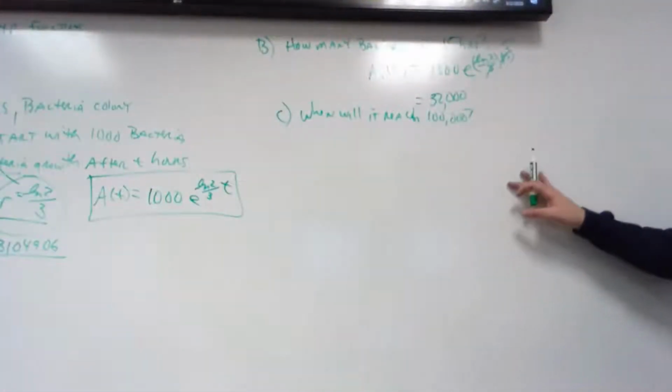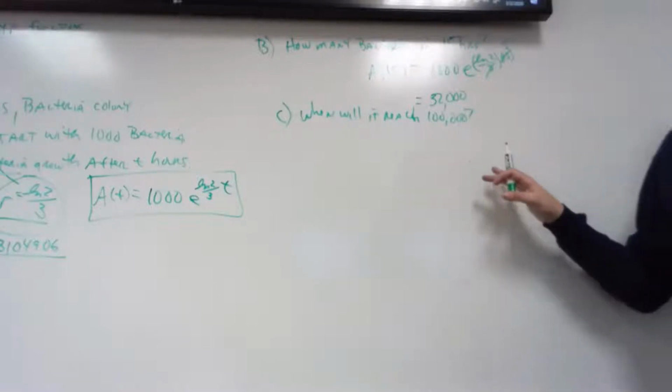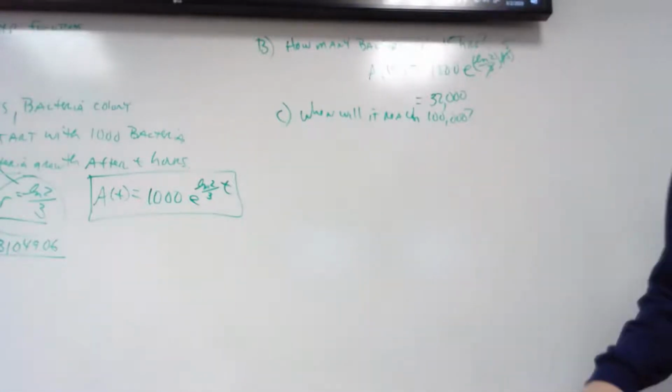A of T? Don't we know what A of T is? It's how much? No, P is 1,000. What'd you say?